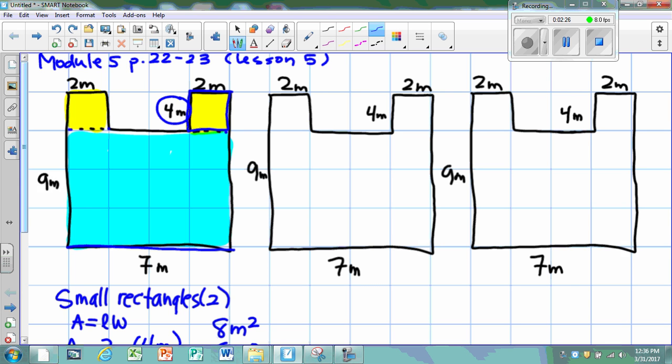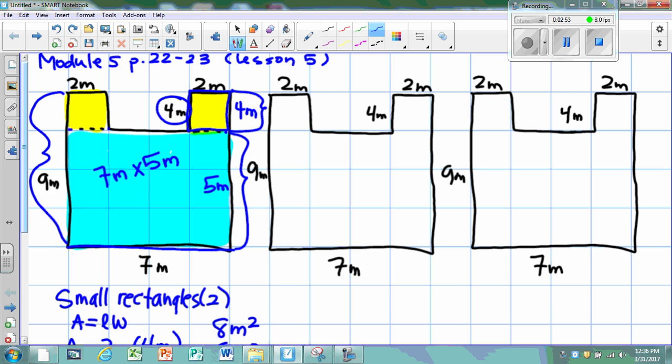So here we've got 4 meters, so that means this is also 4 meters, this area right here. So that means we're left with this area here. Over here they're telling us that this whole area is 9. So if we subtract 4 from the 9, we then know that this area here is 5 meters. So the dimensions of this blue area are 7 meters by 5 meters.